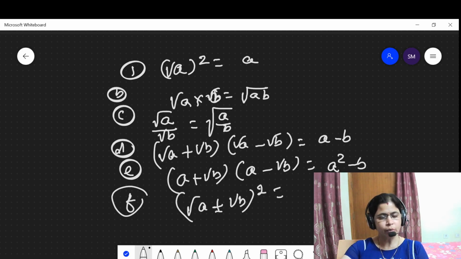Then a plus b whole square is equal to a square plus or minus 2 root ab plus b square, that is, a square plus b square plus 2ab.